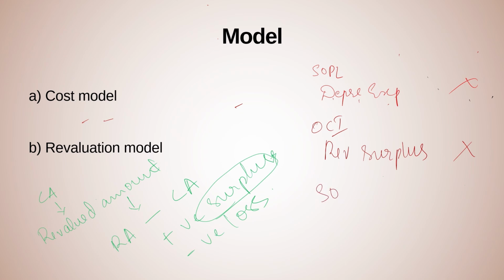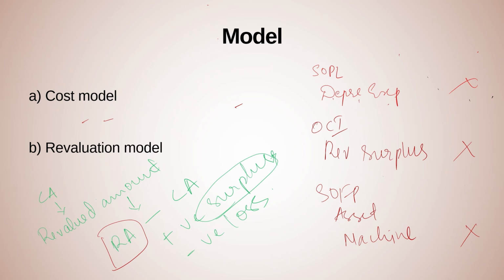Then next, SOFP, statement of financial position. Under asset, machine, the revalued amount will be shown here. Here we are not showing carrying amount. We will show this revaluation amount here.